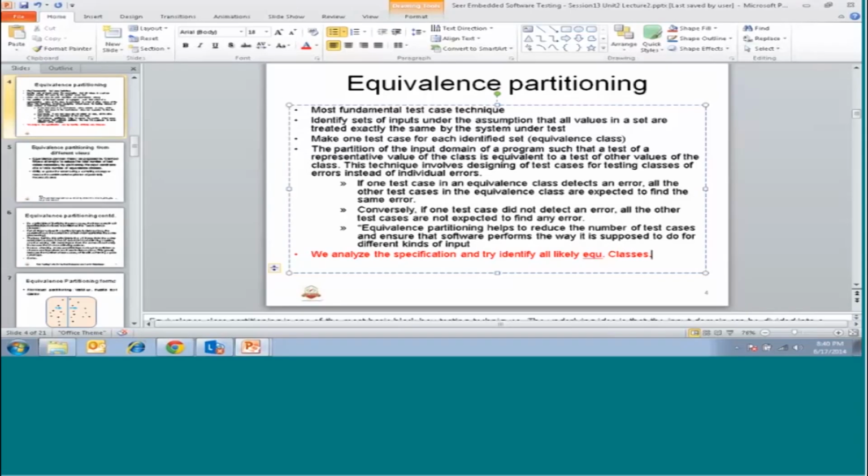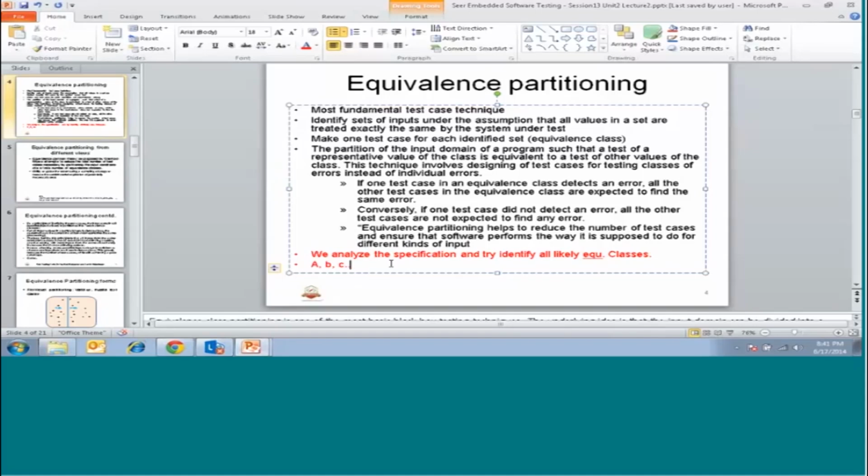So when doing this, it's important to remember that there may be dependencies between different input variables. That means we have variables A, B, C, etc. There could be dependency between A and B, B and C, etc. So every possible input value belongs to exactly one equivalence class.